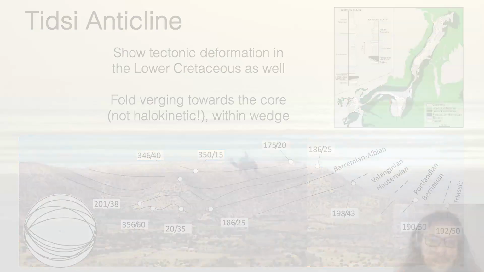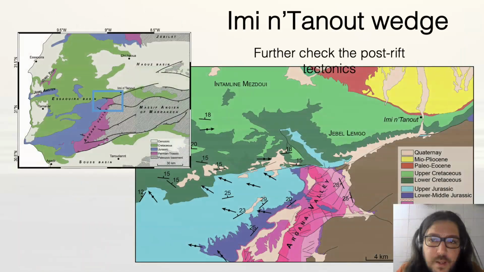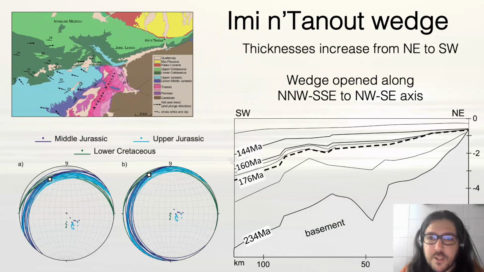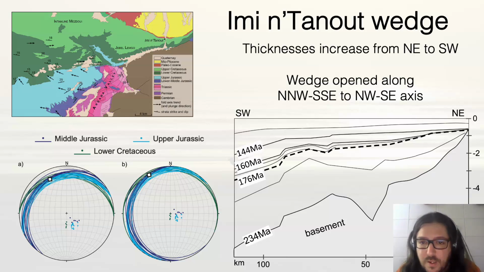Other observations from the Imiter wedge are that the thicknesses of the post-reef formation gradually increase from northeast to southwest and reach over 300 meters near the coast, and that the wedge is opening along a north-northwest, south-southeast to northwest-southeast axis.